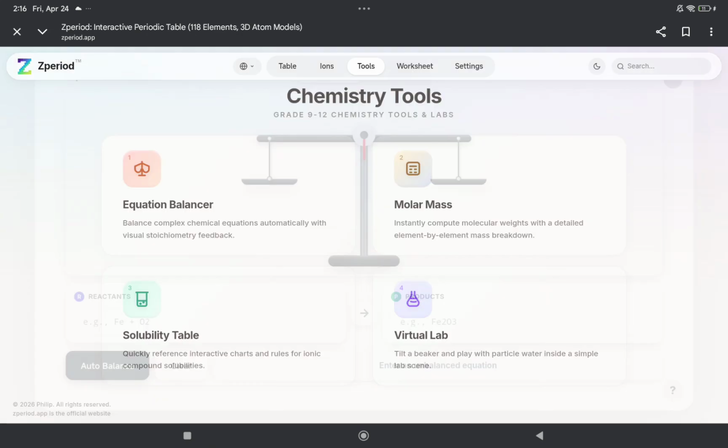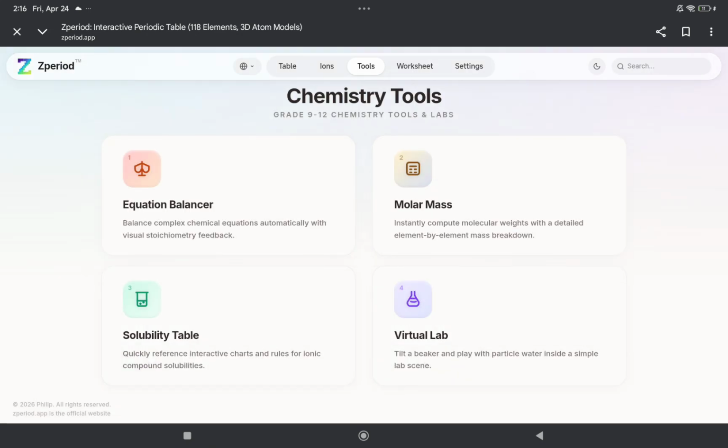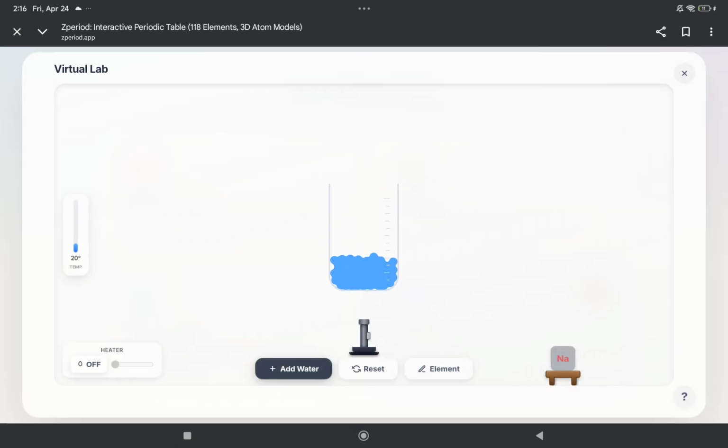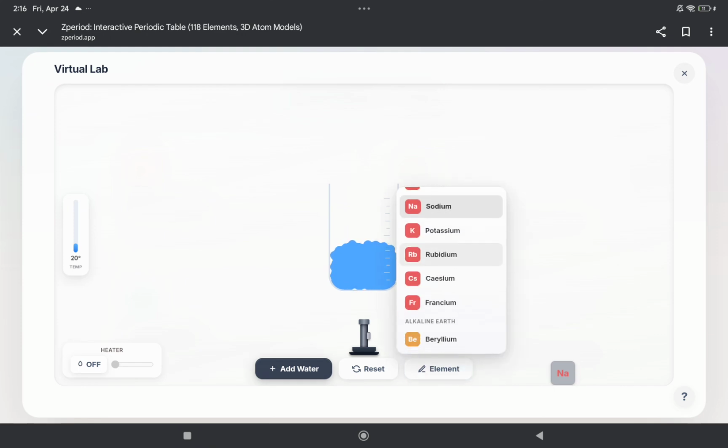So let's try some experiments. Let's go to the virtual lab. Then we put some of this to make a spark. We put sodium into the water. Okay, let's reset. Add water. Not Na, that's the element.